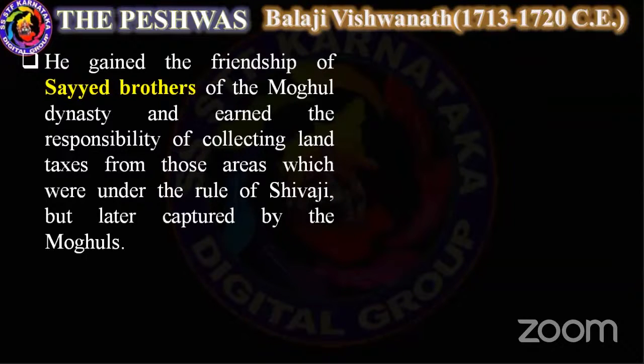They became strong during the later period of the Mughals. Balaji Vishwanath Peshwa succeeded in gaining friendship for their state and got permission to collect taxes from the region of the Mughals which was before under the control of Shivaji.